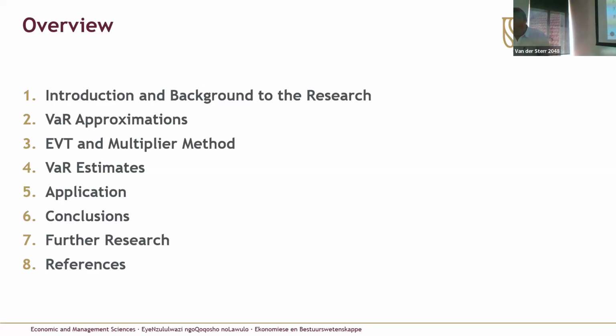So just an overview with 8 points. I'll start off by giving a background on operations research, operational risk as motivation for the research. Okay, and say a bit about that. One of the things used in operational risk are certain approximations. So I'll say something about that.